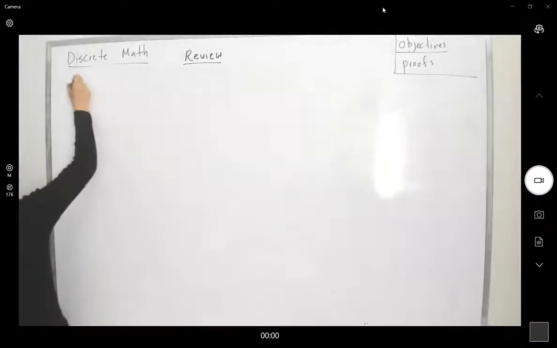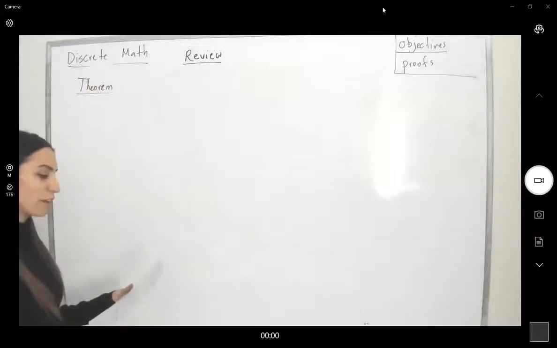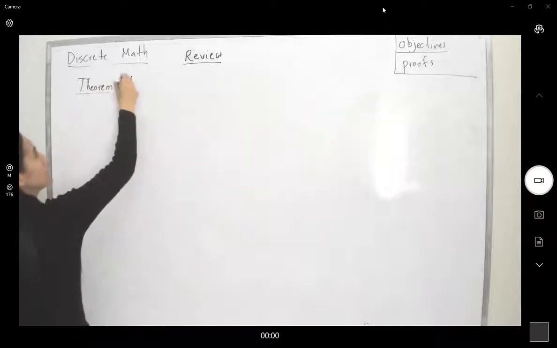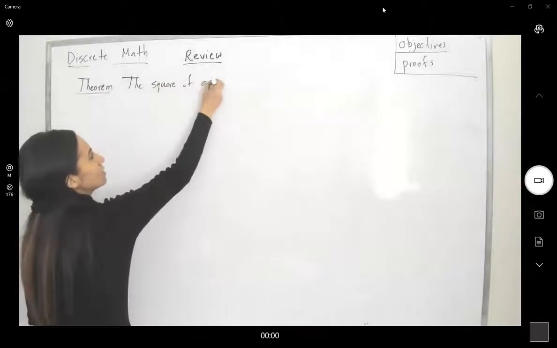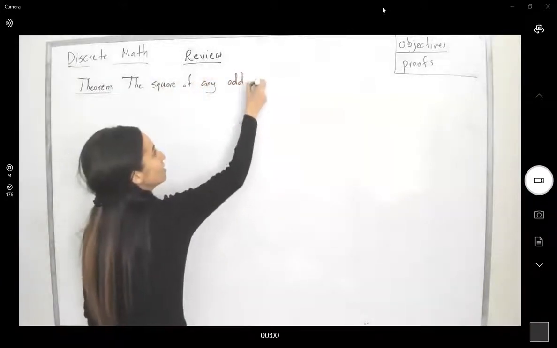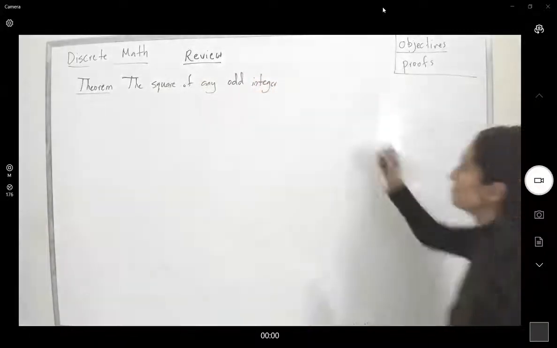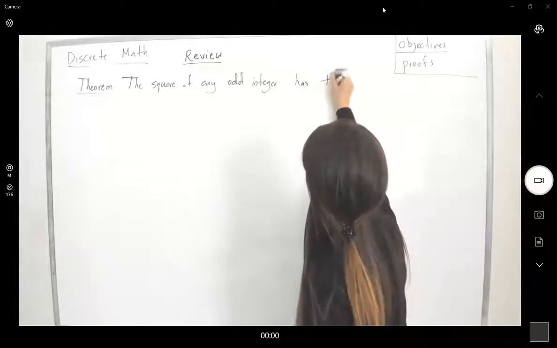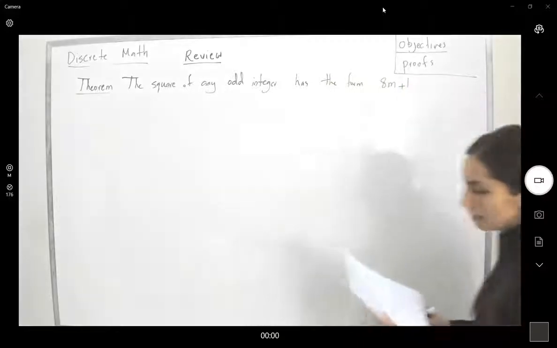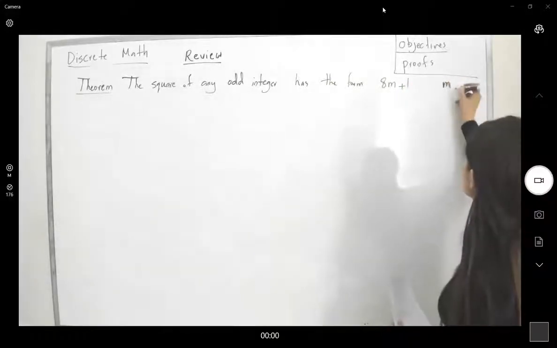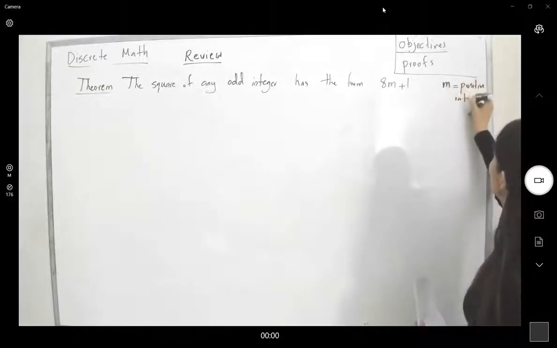This new theorem says the square of any odd integer has the form 8m plus 1 for some positive integer m.